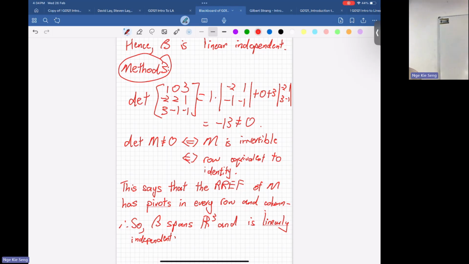Using any way to check is fine. Just find the quickest way. Any questions so far? Clear?